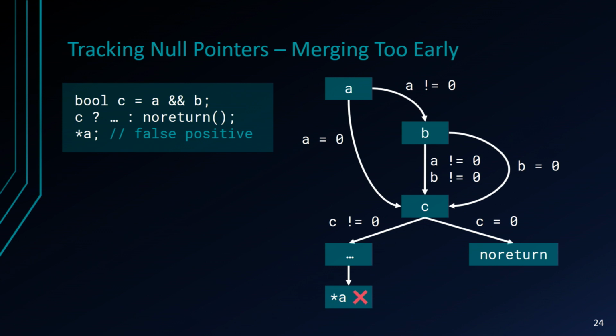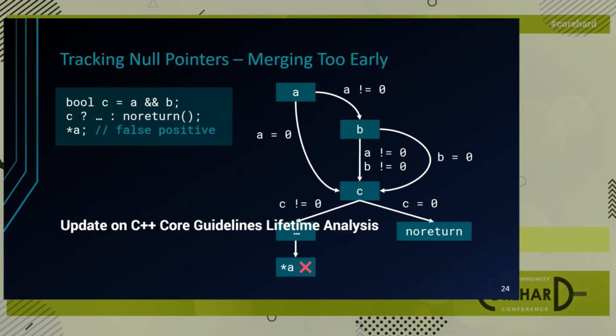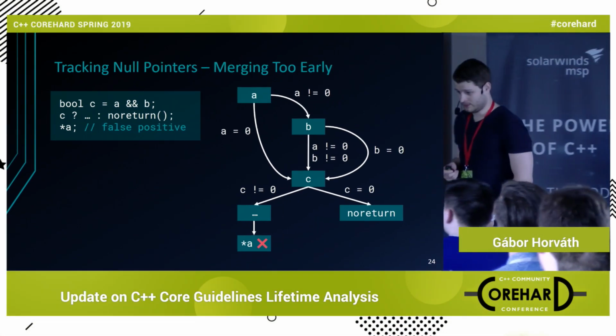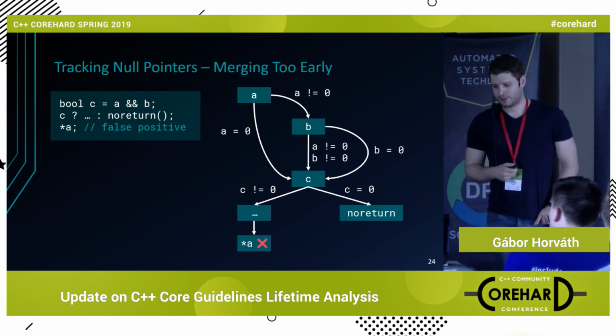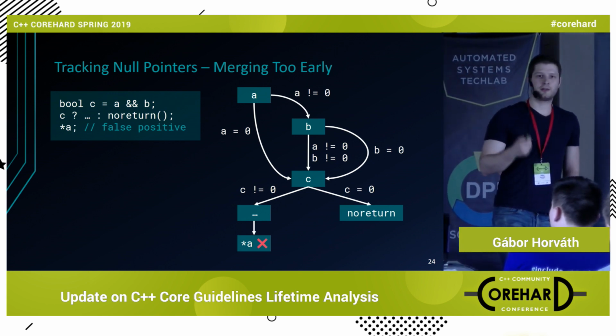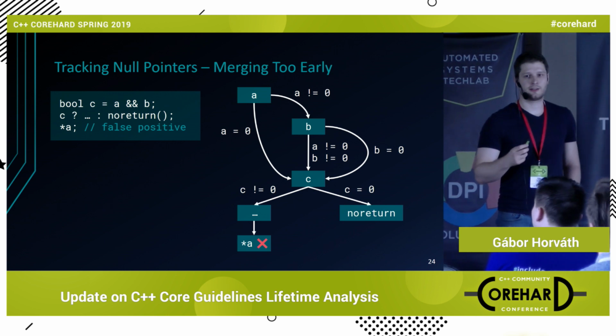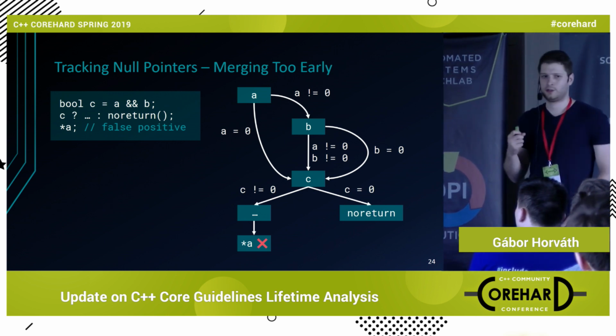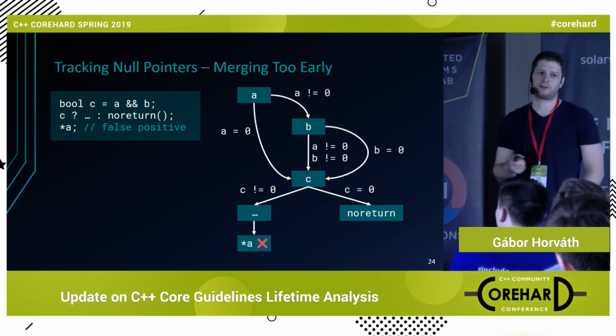Unfortunately, this doesn't work all the time. For example, here, if we hoist the A and B check into a separate variable, we will do the state merging too early, and we will get a false positive warning. The reason it happens is that we need to keep this analysis relatively fast, and we do not want it to consume a lot of memory.